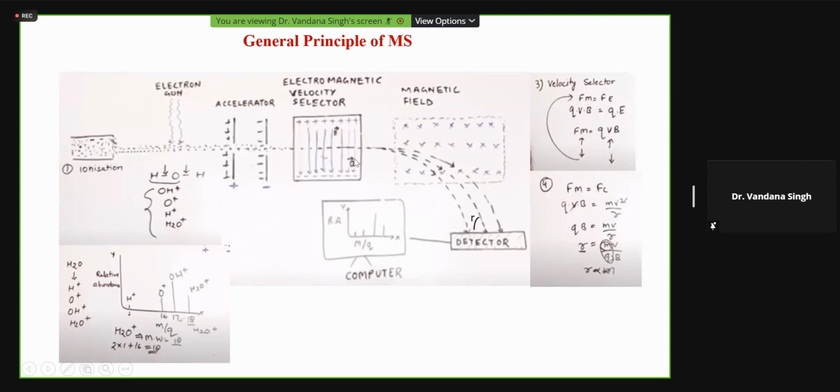However, in this case the molecular ion is generally relatively stable as compared to when electrons are used, because here we are using gases to knock out the electron. However, they can still get fragmented into fragment ions. Now this fragment ion as well as the molecular ion go into the analyzer part of the mass spectrometer, and then they get analyzed, and we will get the spectra.